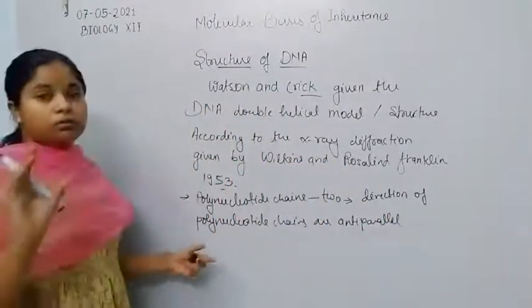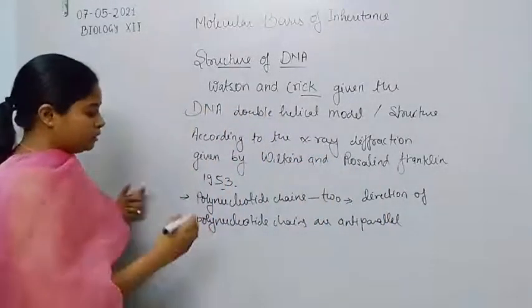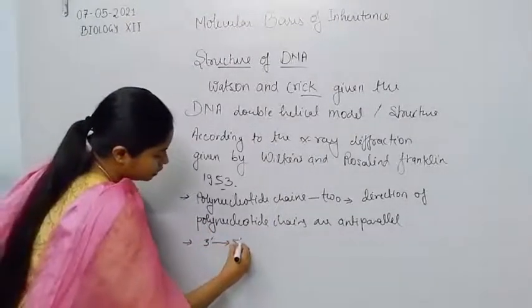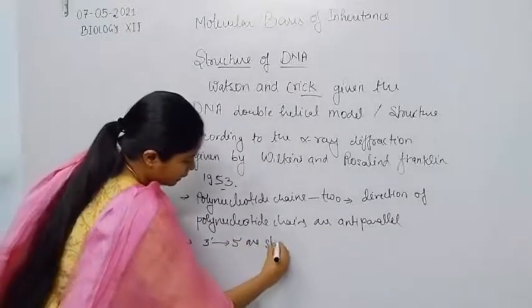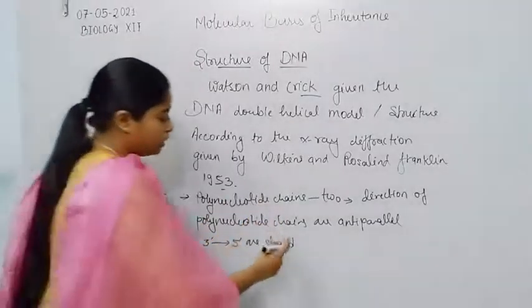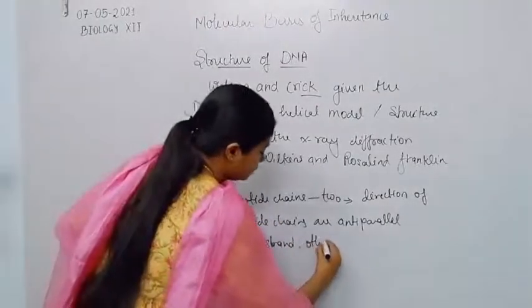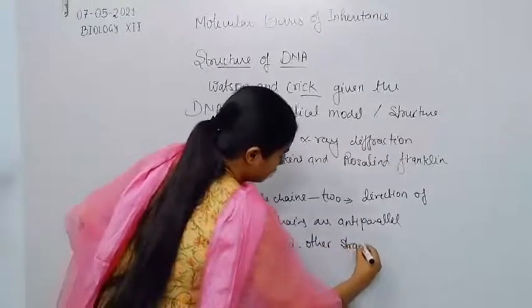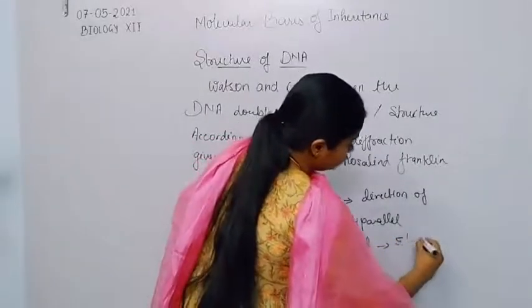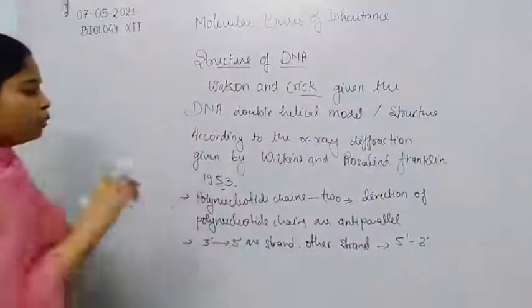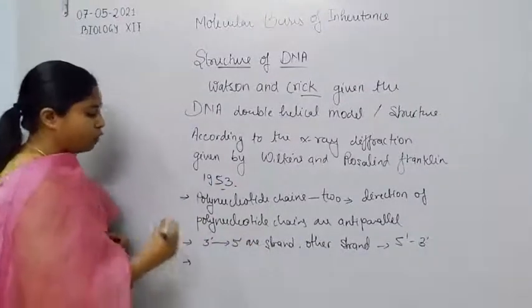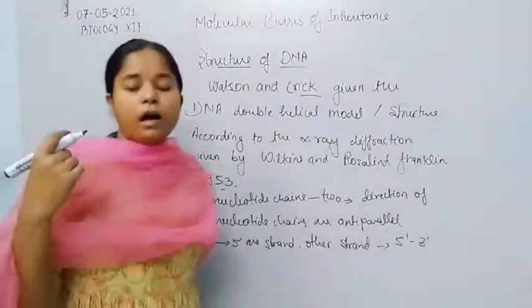That is, the polarity of the chains is opposite: one strand lies in the direction of 3' to 5', and the second strand lies in the direction of 5' to 3'. Now both strands are held together by hydrogen bonds, double or triple hydrogen bonds.